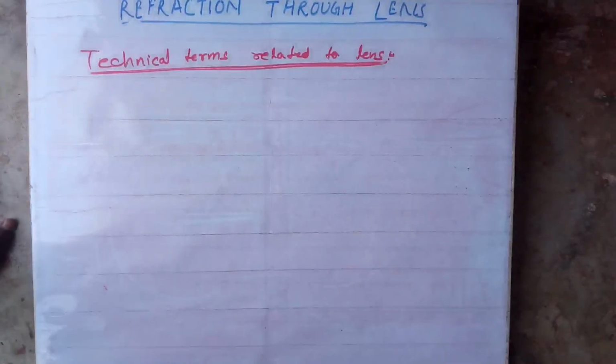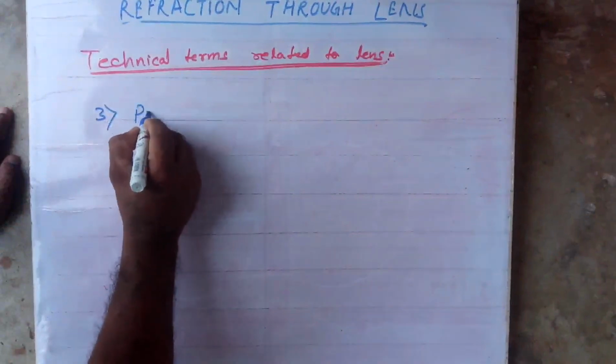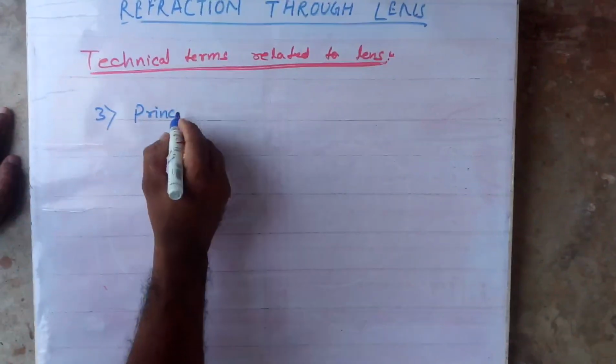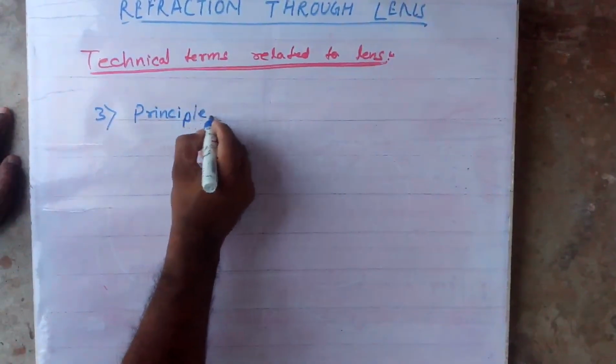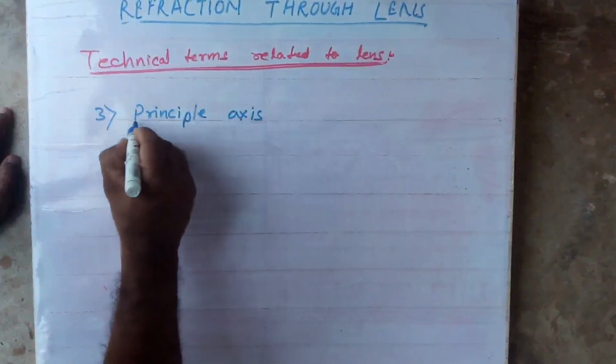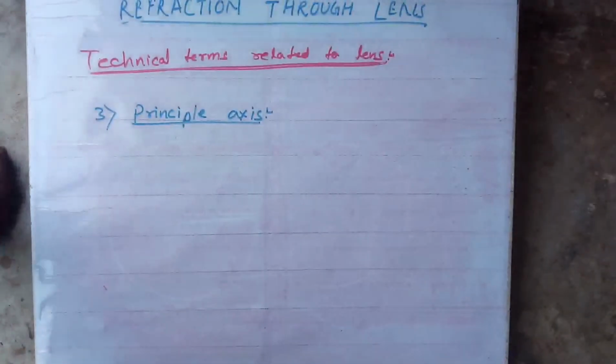Now the next technical term of lens is principal axis. Okay, it is the line.